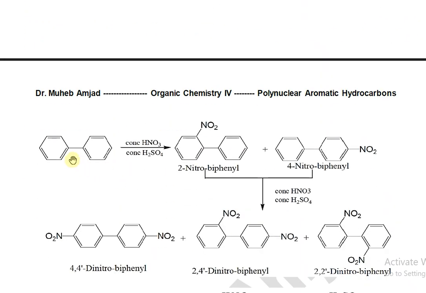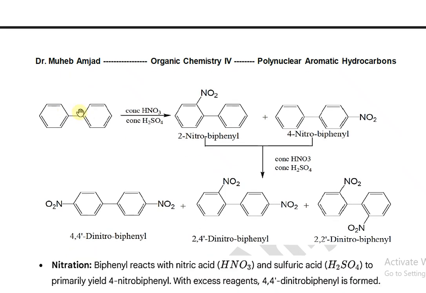So look here, what type of reaction do we see on this page? We have here the nitration reaction, using concentrated nitric acid and concentrated sulfuric acid, both of them important reagents for the nitration reaction.